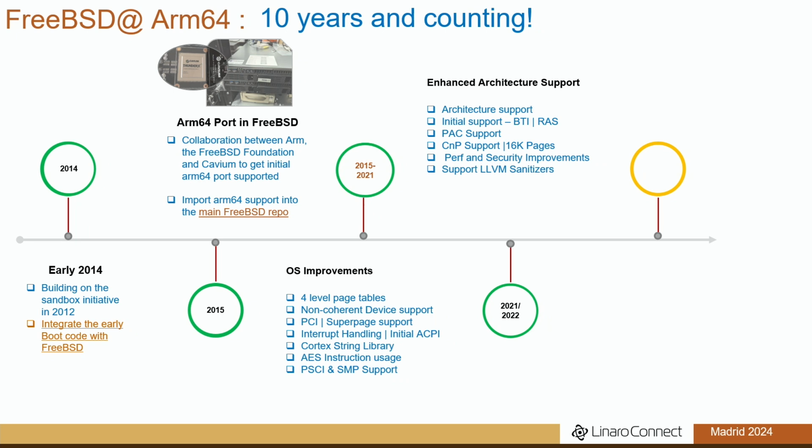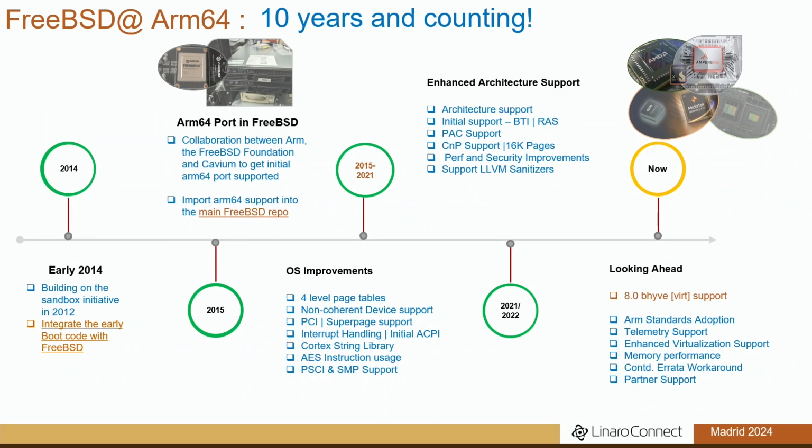And this is also endorsed by Netflix. Performance and security improvements, and adding FreeBSD support for ARM into LLVM tools. This is also the year, as I mentioned, where arm64 support was promoted to Tier 1, so it is a significant milestone. Now, with all this, where are we now?